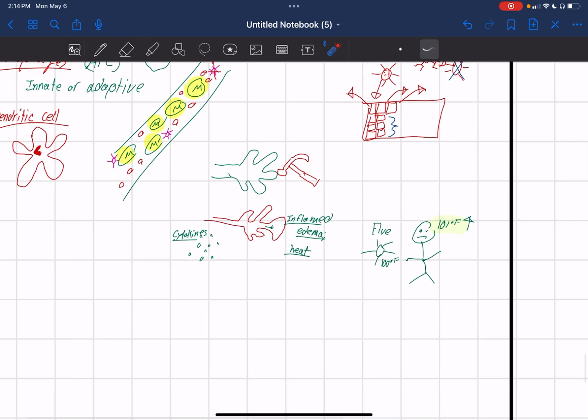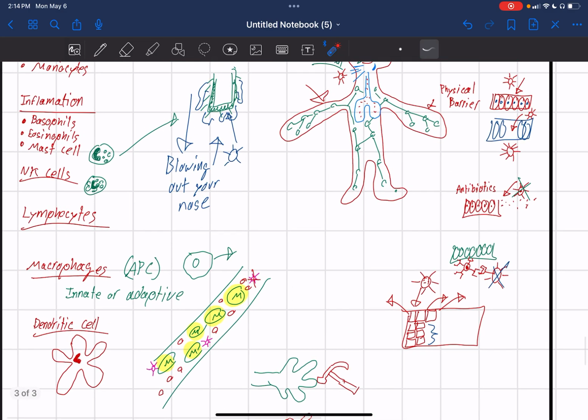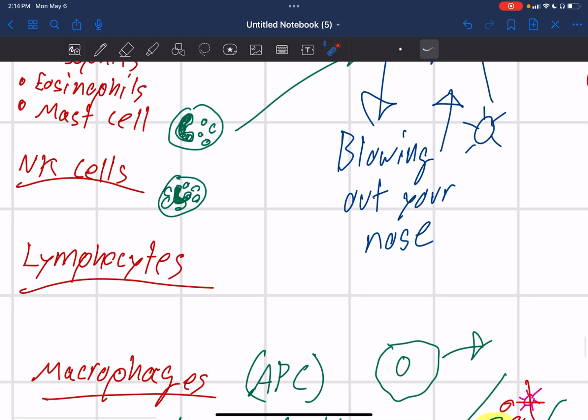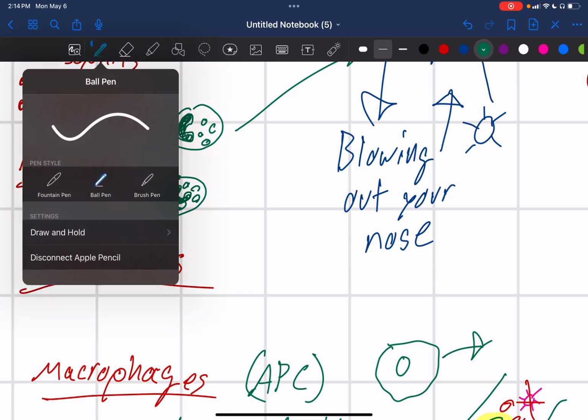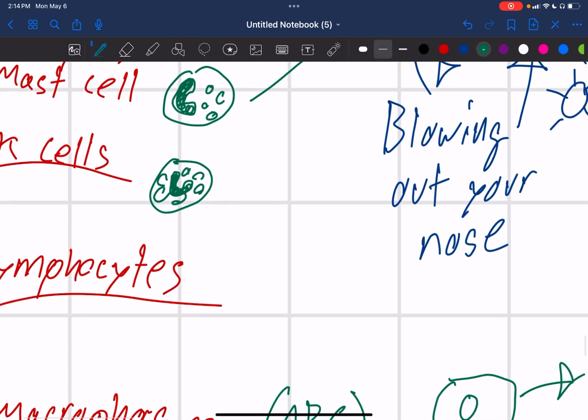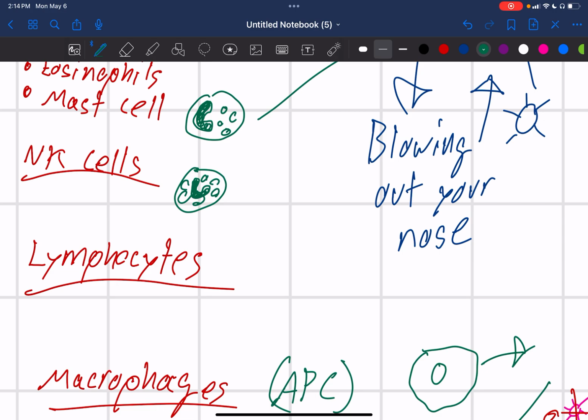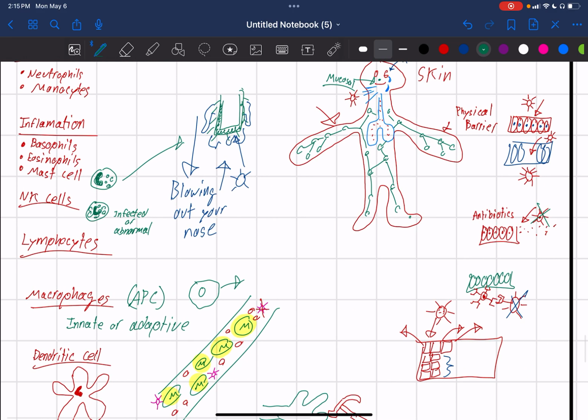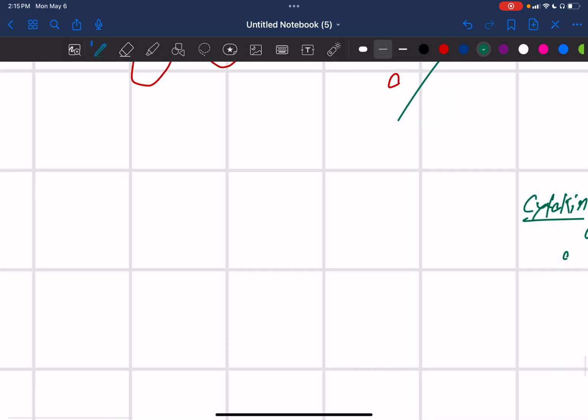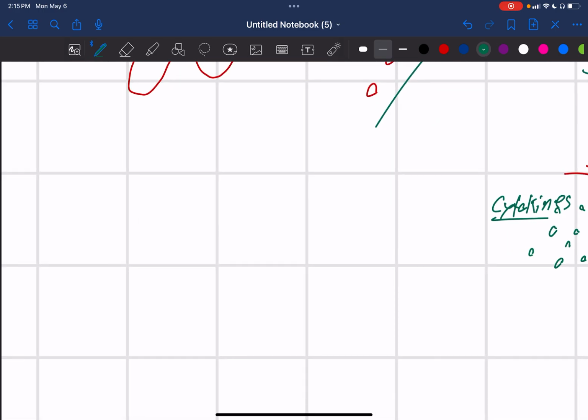So back to the cells, we have different uses. The natural killer cells can detect and destroy infected or abnormal cells, right? And something such as this could be something like a cancer, right? We have a cancer on the skin, right?